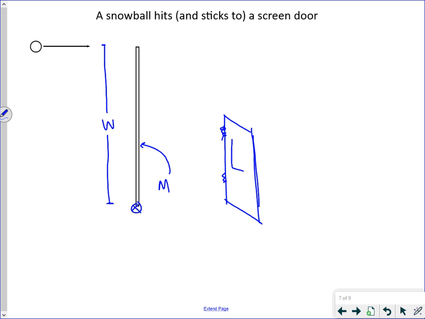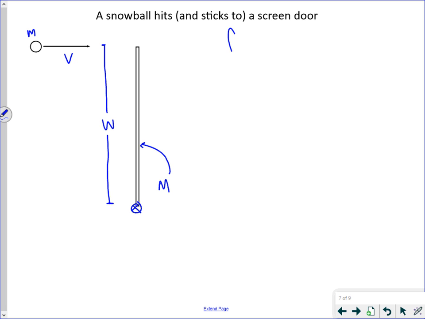Someone throws a snowball that way at it, and it sticks to the edge and pushes the door open. Okay? So let's see. We'll say this has a mass little m and a speed v. This has a mass big M and a width W.